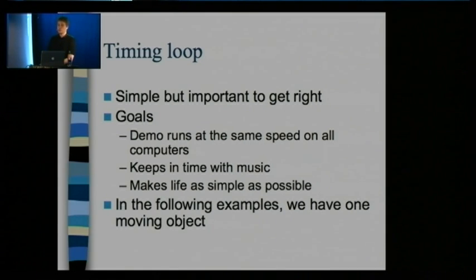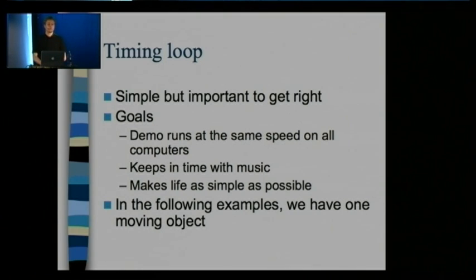We want the demo to keep in time with the music, which is important for synchronization, and we want to make it simple. In the following examples, we have one moving object, but the object moving code basically represents your entire demo logic update.